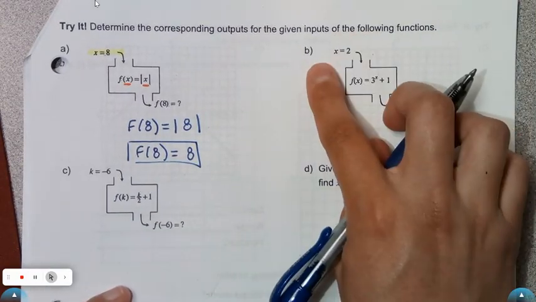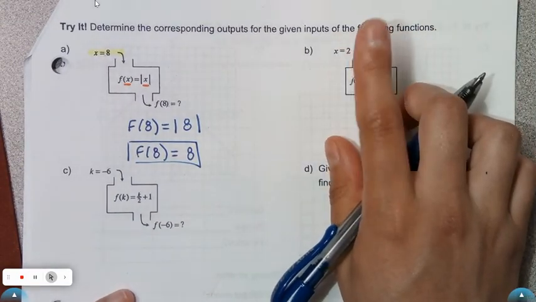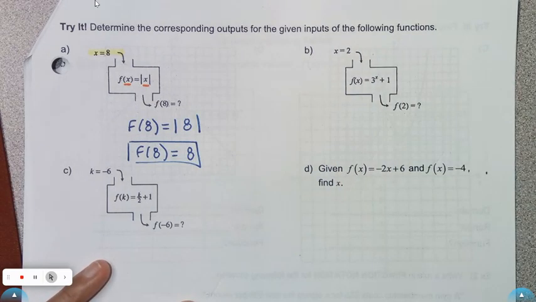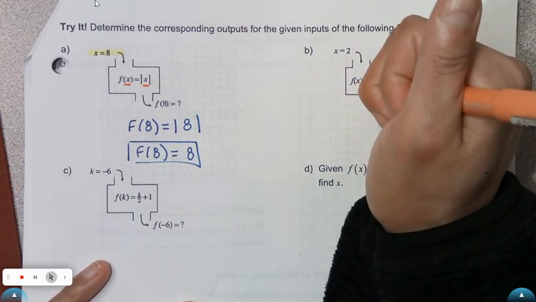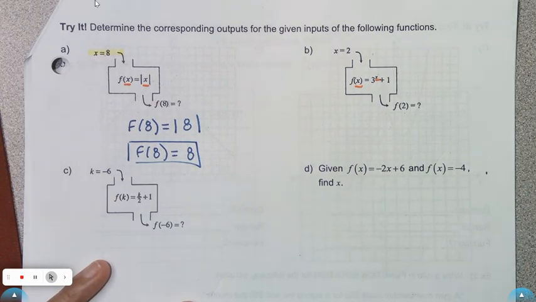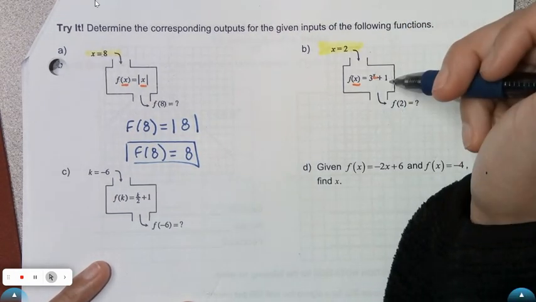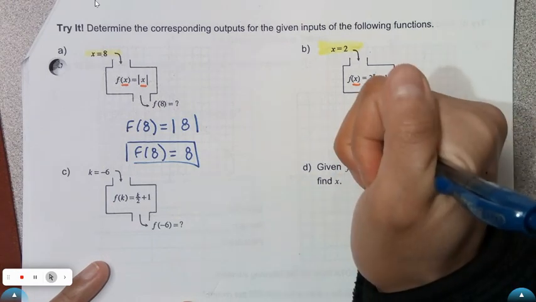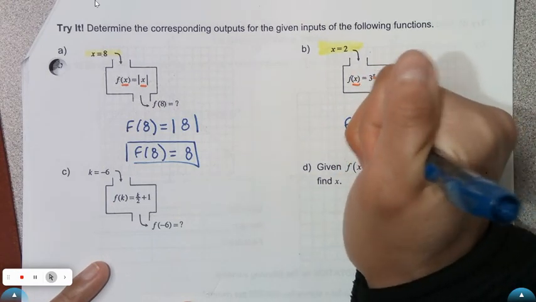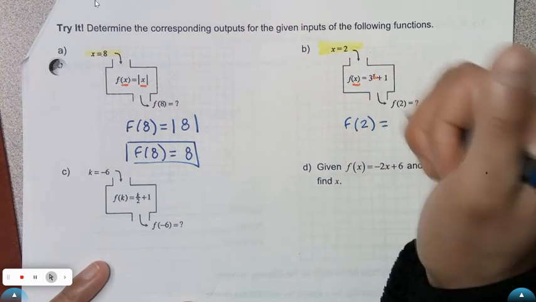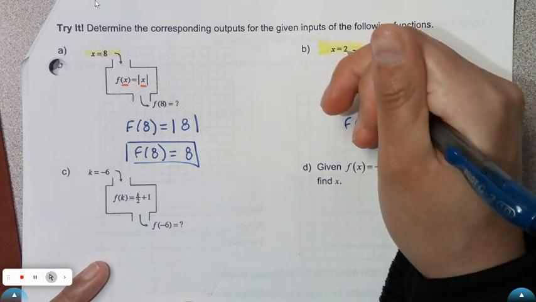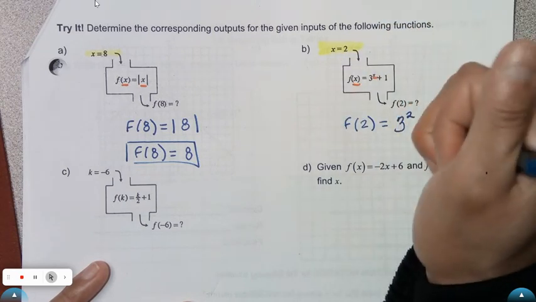All right, letter B. They're telling us that I'm plugging in 2. So anywhere that I see the letter x, in those 2 spots, I'm plugging in the number 2. So I have f of 2 equals 3 to the 2nd power plus 1.